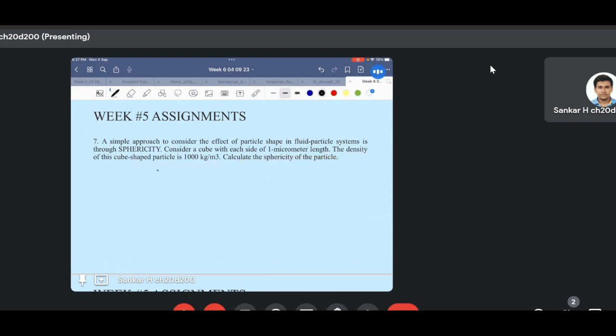Now the sphericity phi is defined as the surface area of a sphere with the same volume as that of the particle, divided by the surface area of the particle.